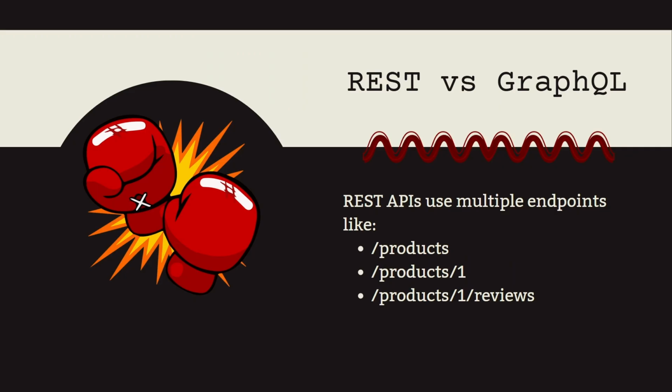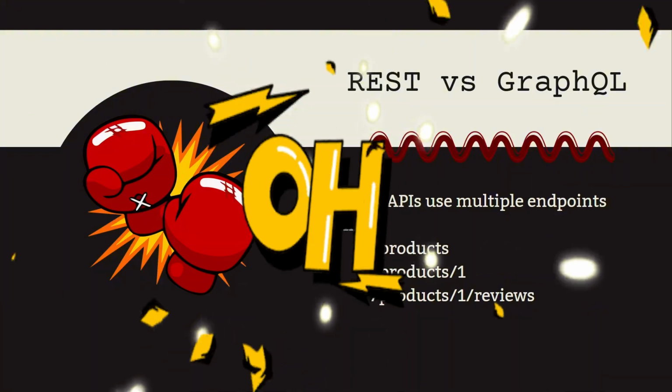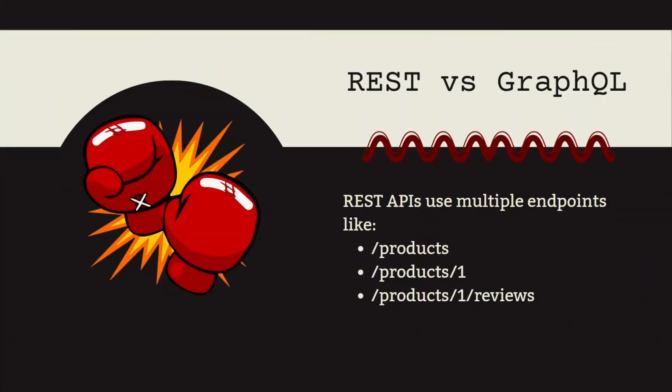Now, if you are dealing with REST APIs, you have to use multiple endpoints, for example, /products to get a list of products, or /product/1 to get one product's details, or /product/1/reviews to get only the reviews for one single product with ID of one.